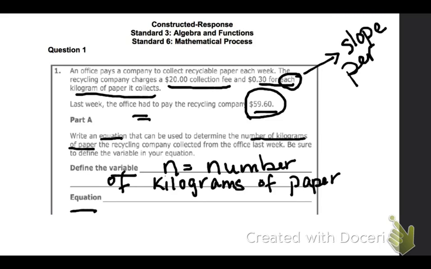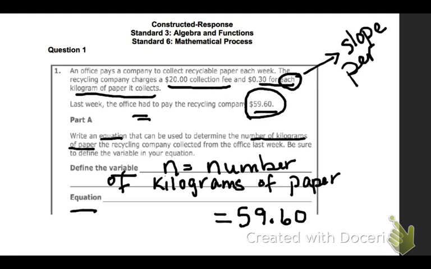I'm going to write an equation. Okay, so I know I need an equal sign. I do know that the equation is going to help me get to the total amount of $59.60. I like to put my total all the way to the right. You can start it that way too. It's fine either way. As we know, it's per each kilogram of paper.